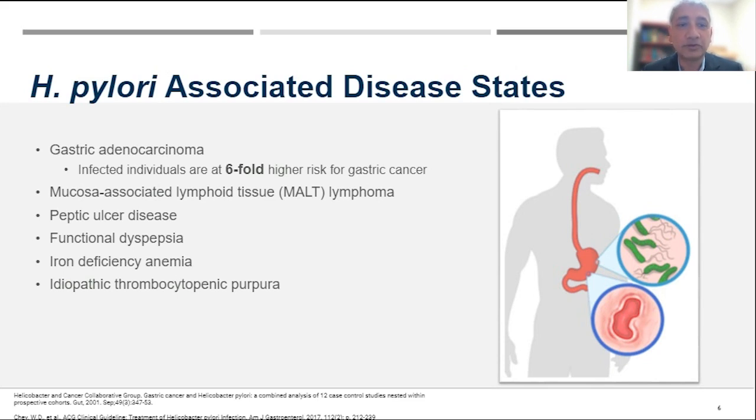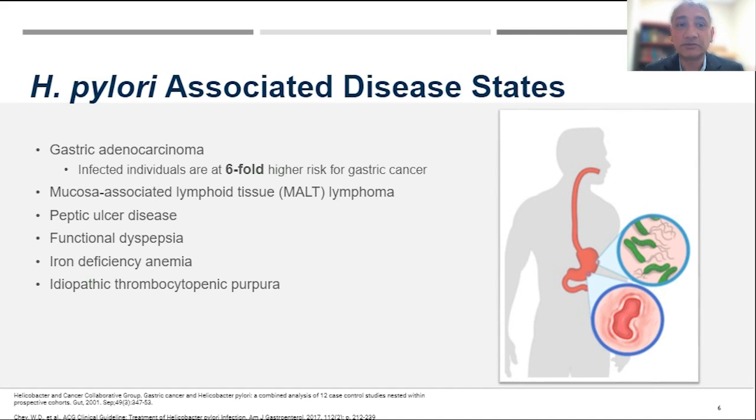And we also notice that gastric adenocarcinoma tends to be endemic to regions where H. pylori infection is very high. And as H. pylori infection decreases across societies, we see a parallel decrease in the rates of gastric adenocarcinoma. The other cancer that is associated with H. pylori is mucosa-associated lymphoid tissue, or MALT lymphoma.